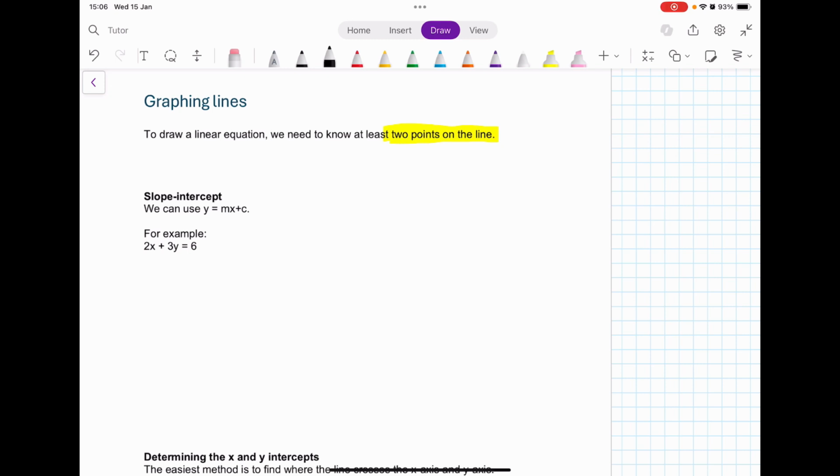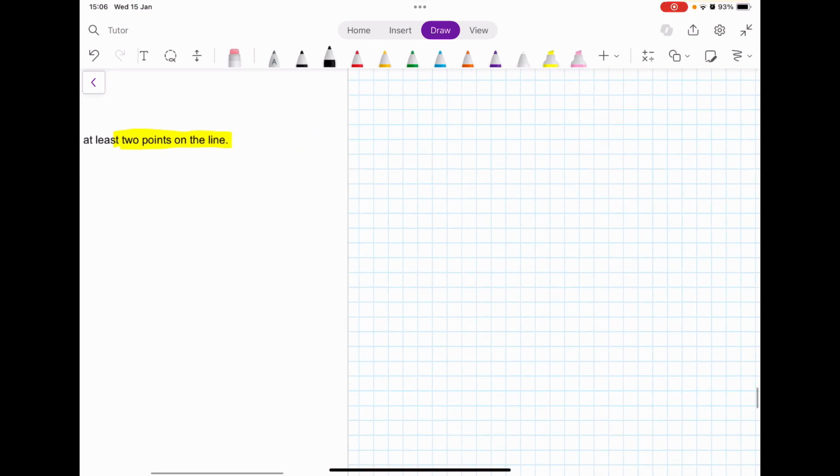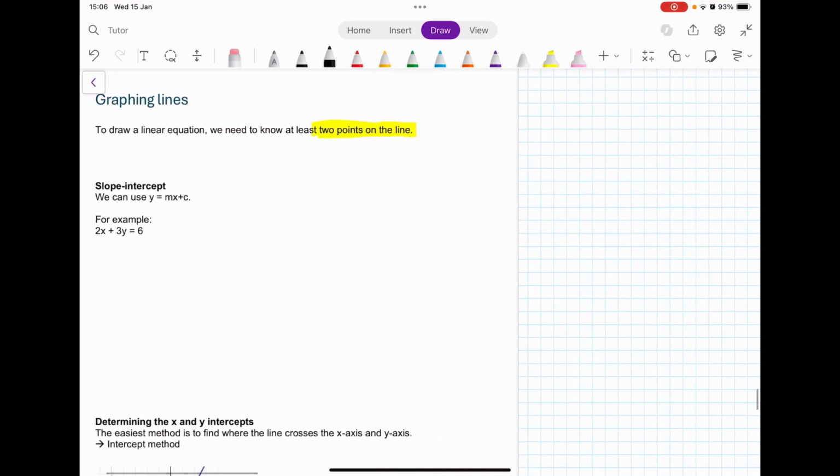So the very, very easiest way, if you're stuck with trying to figure out the slope or the x and y intercepts of a line, you can always just use, let's say, for this line here, 2x plus 3y is equal to 6. You can always just create a table of x and y values. So let's say you substitute in x is 1, x is 2, x is 3.